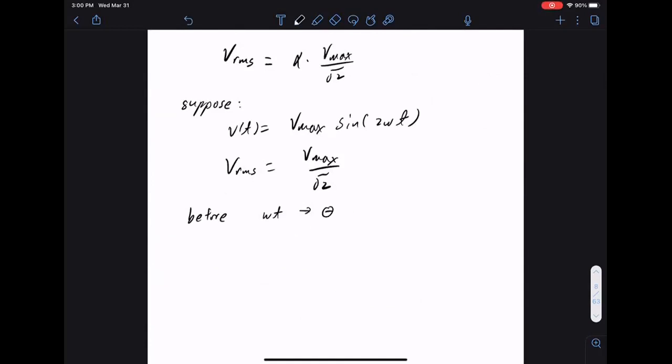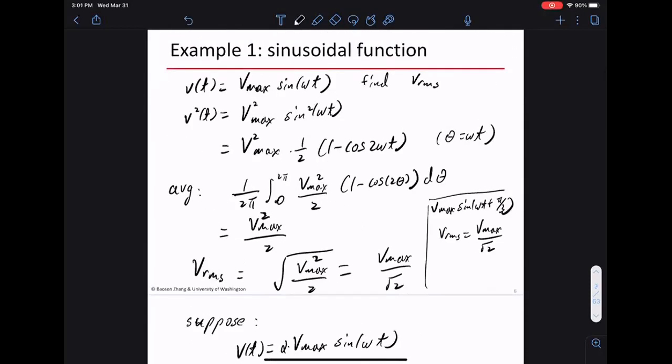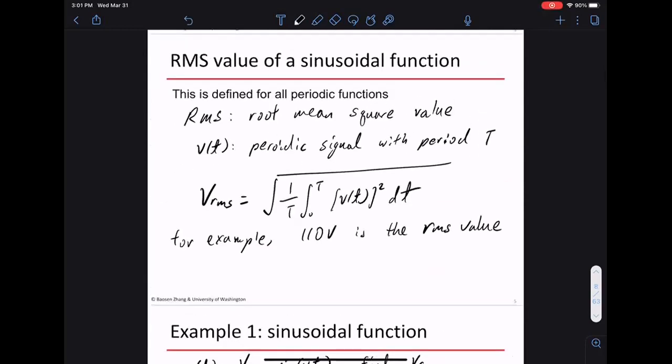So if we change the period, we can always label 2 omega t as theta. We can always do this. Now we get the exact same integral as before. We're changing how long the period is, but the period is divided out anyway in this equation.